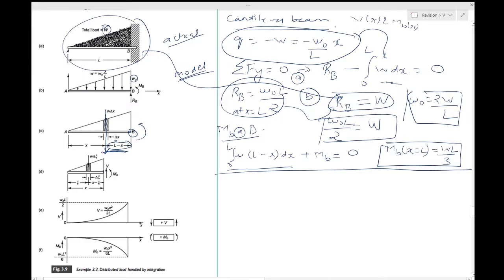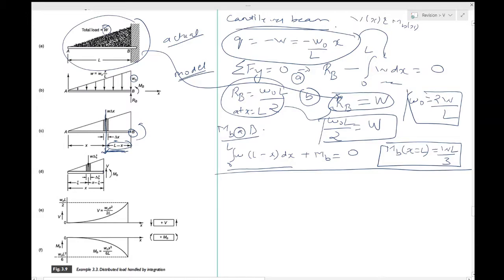So you are sort of done with finding the reaction forces and moments at the supports, which is B. There was only one support in this. Now the next part is to find the shear force and the bending moment in the interior of the beam.